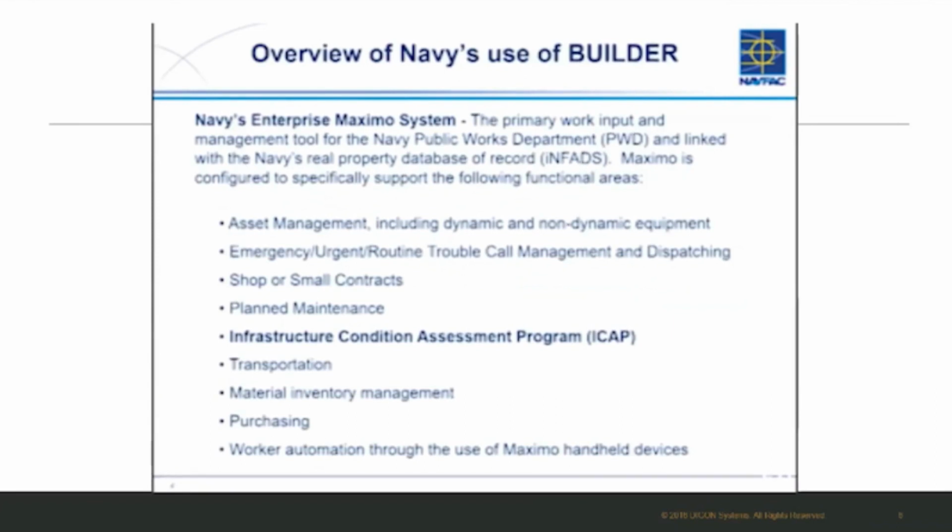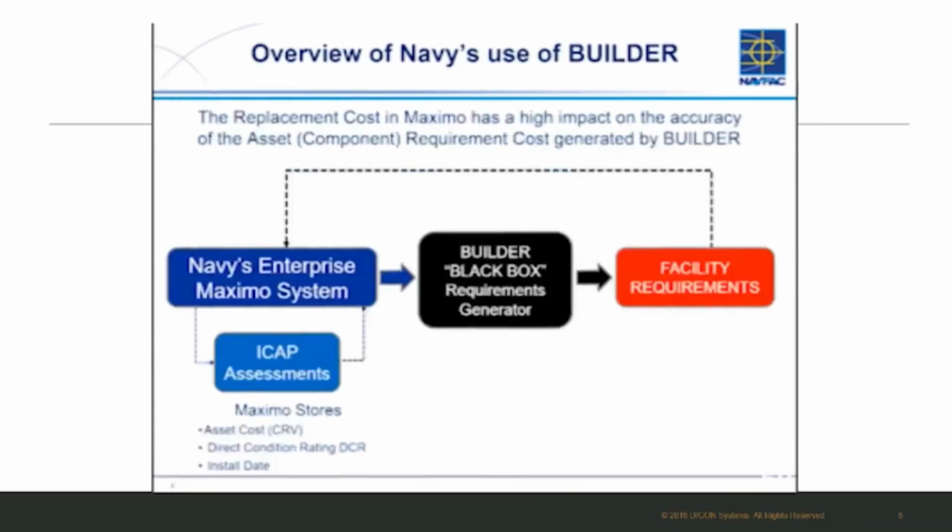At a Navy Public Works Department, this program is the primary tool utilized for work induction. Continuing to understand how the Navy utilizes Builder, this graphic shows the Navy's asset data flow between the Navy's Enterprise Maximo, the Navy's ICAP assessments, Builder, and the facility requirements generated based on the ICAP assessment direct condition ratings.